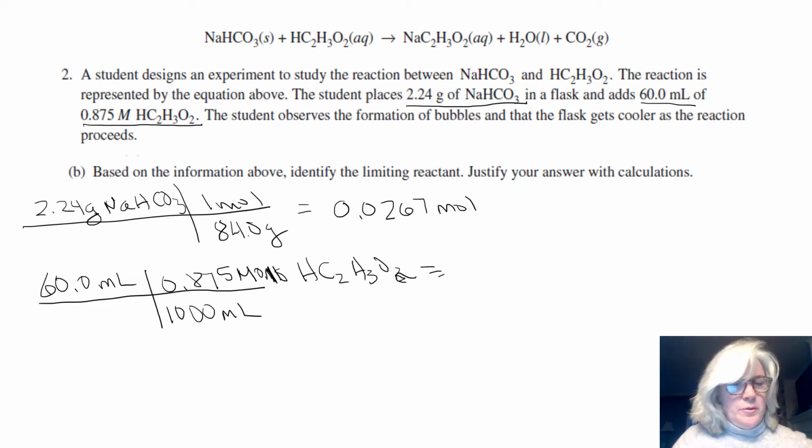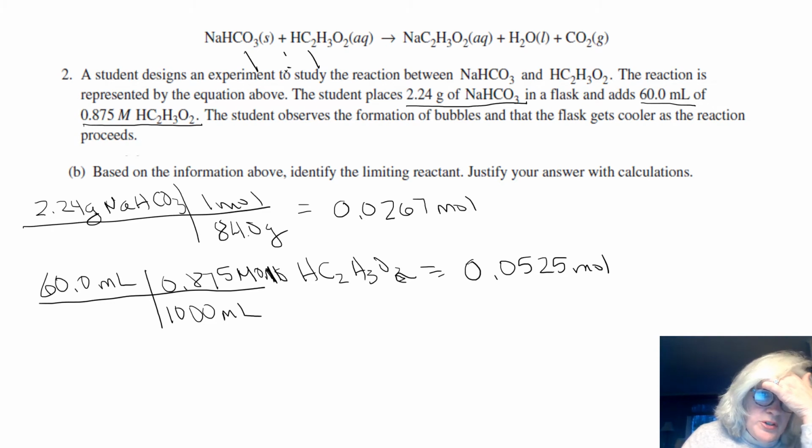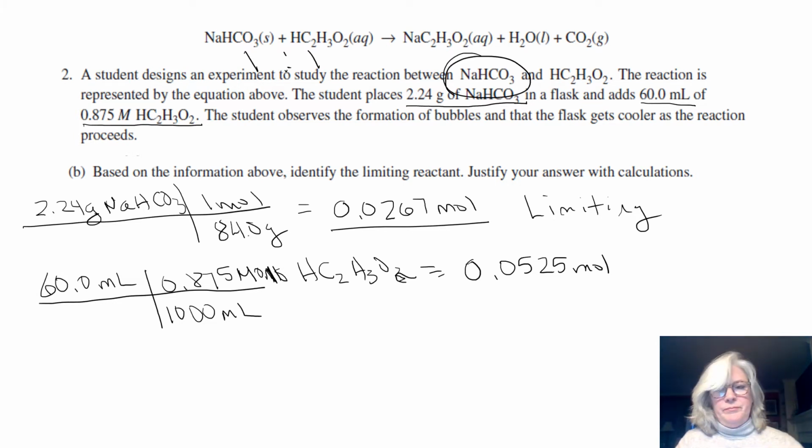So that gives you 0.0525 moles. Okay, if I look up here, I have a 1-to-1 ratio. So you're just going to look for the least amount of moles, which is that. So that one is your limiting reactant. Okay, that's your limiting reactant.